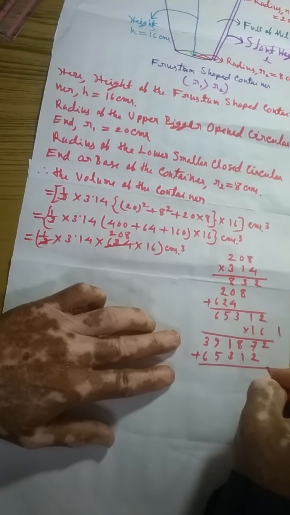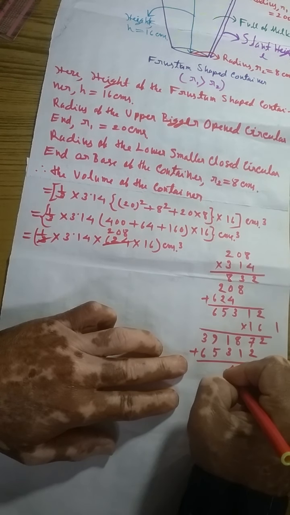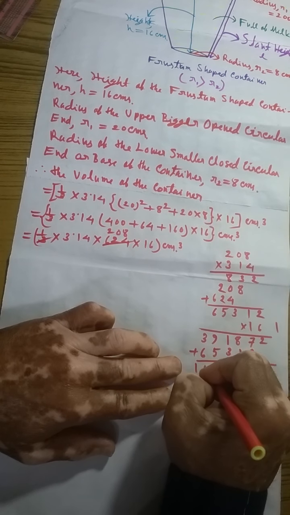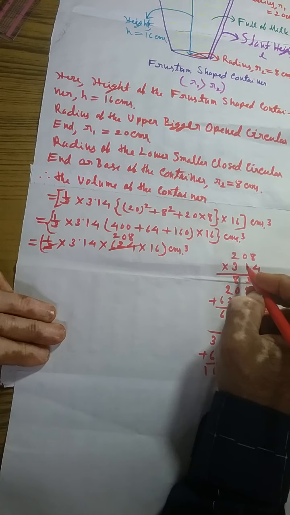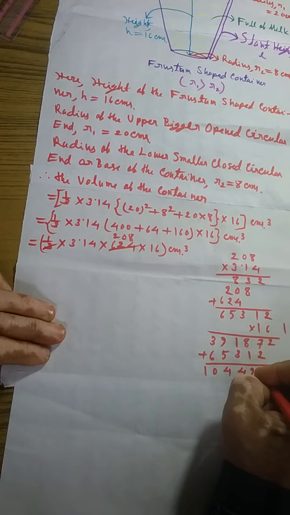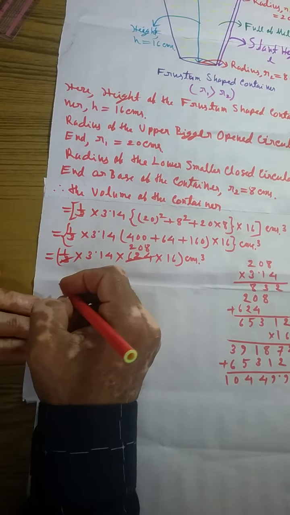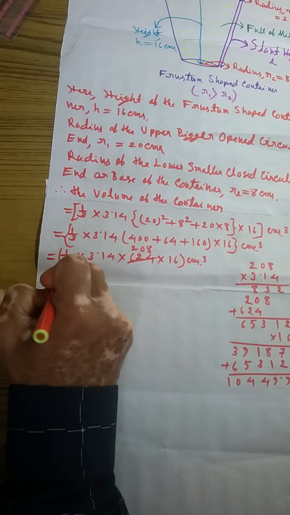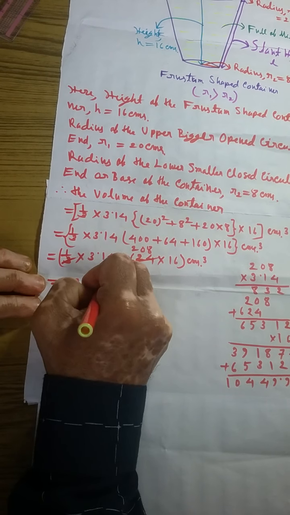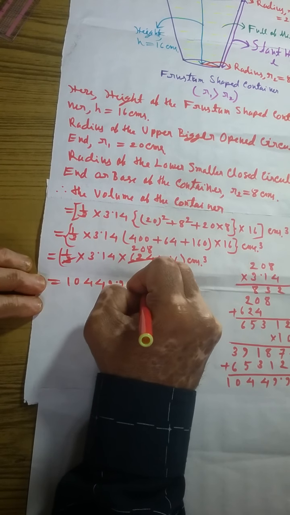Now if we add these elements, we will get 2, 9, 9, 4, 14, 10. Previously we had a decimal point here, so this time the decimal point will be here. So this is again equal to 10449.92 cubic centimeters.